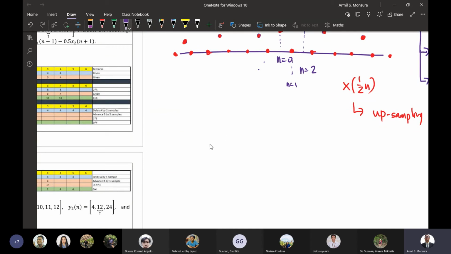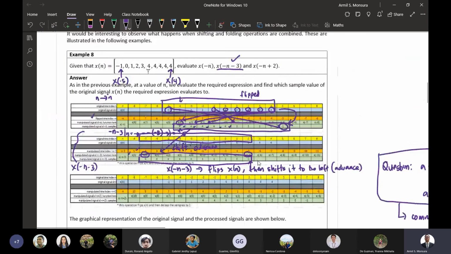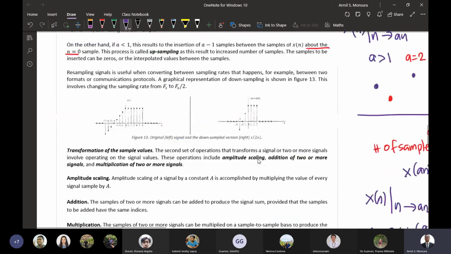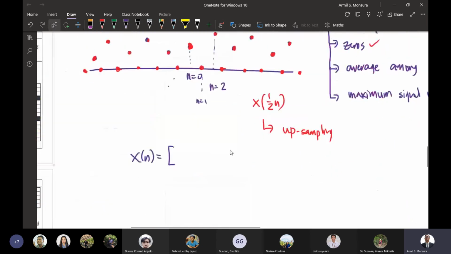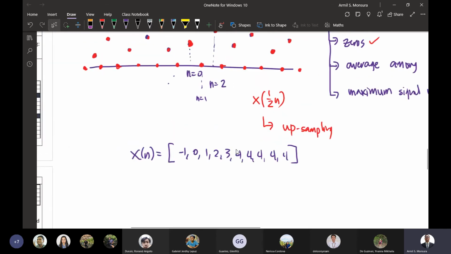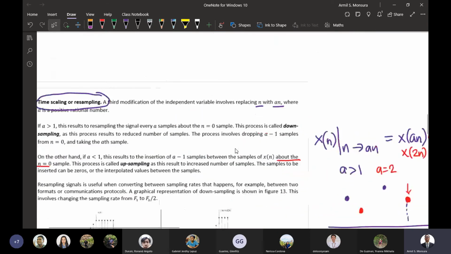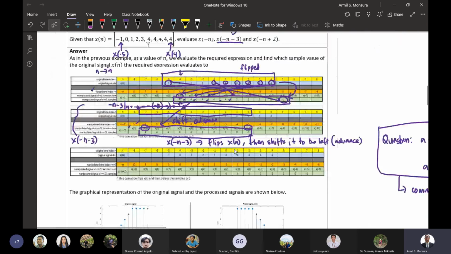Ganito. Pwede kayong mag-produce ng signal, mag-example ng signal which is sabihin natin negative 1, 0, 1, 2, 3, 4, 4, 4, 4, 4. Okay? Which is your reference.